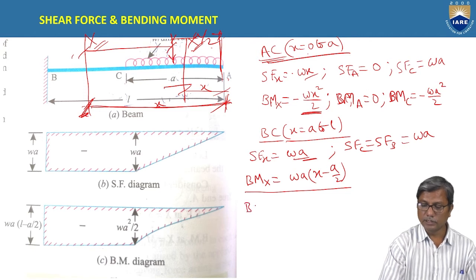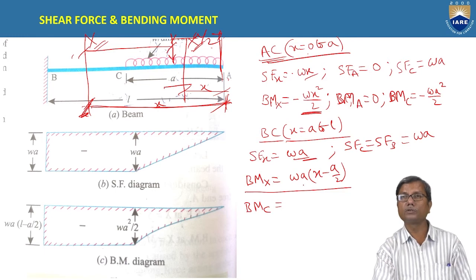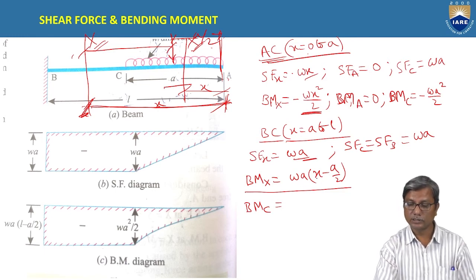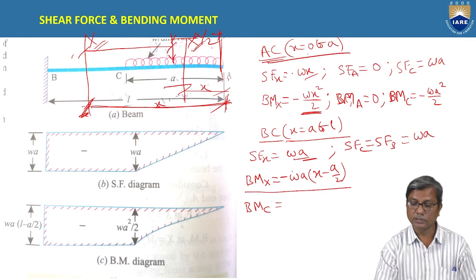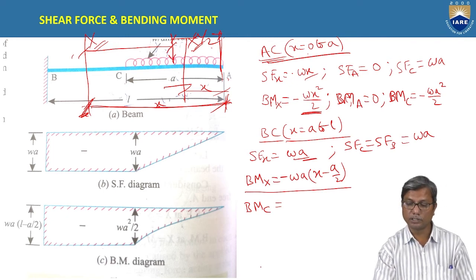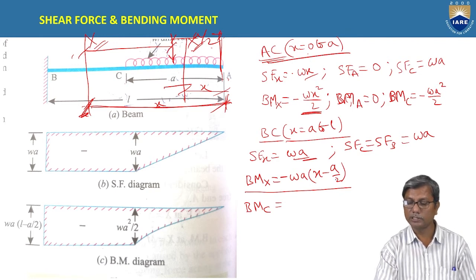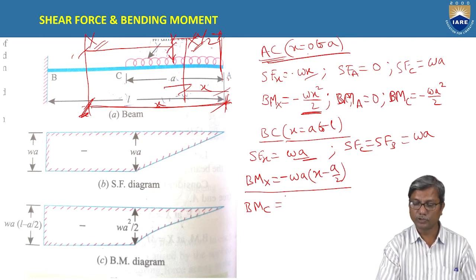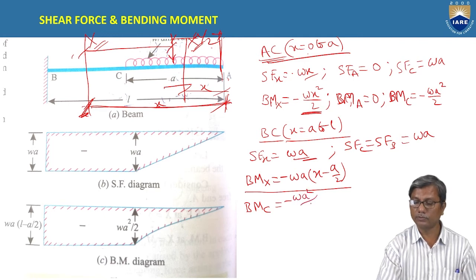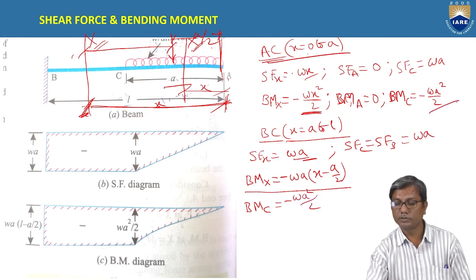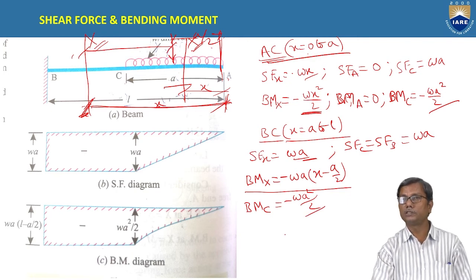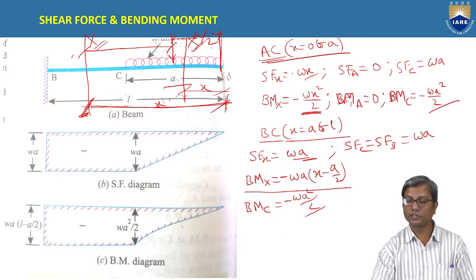Similarly, coming to the bending moment at C, that is at x equal to A, it is a negative bending moment because it is hogging. Minus WA into A minus A by 2, which is A by 2, so minus WA square by 2. If you observe this, the bending moment at C in portion AC and in portion BC are equal.